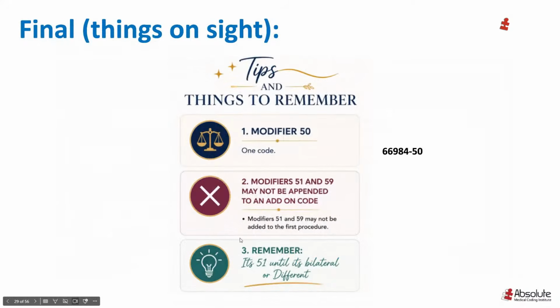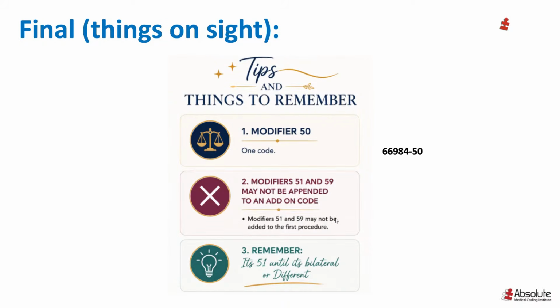Whereas modifiers 51 and 59 cannot be appended to a primary procedure. I wish I would have put that modifiers 50 and 51 cannot be appended to an add-on code. So remember that.